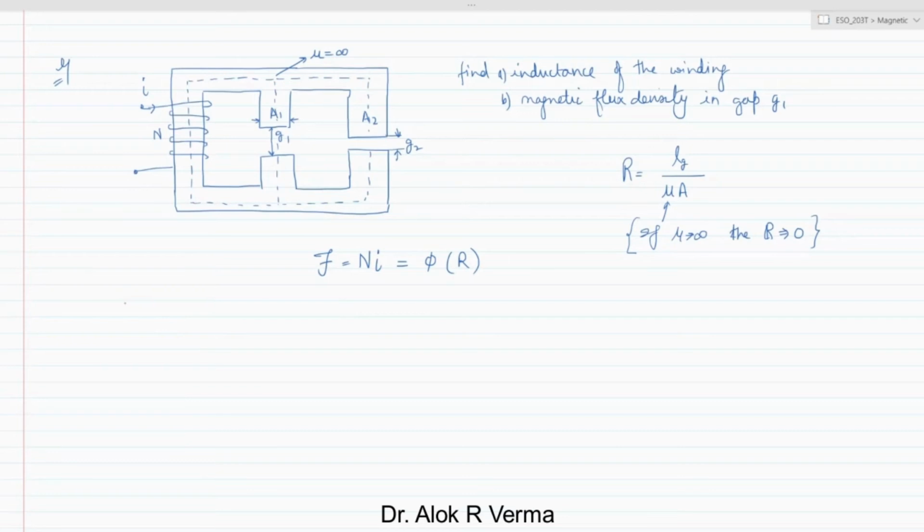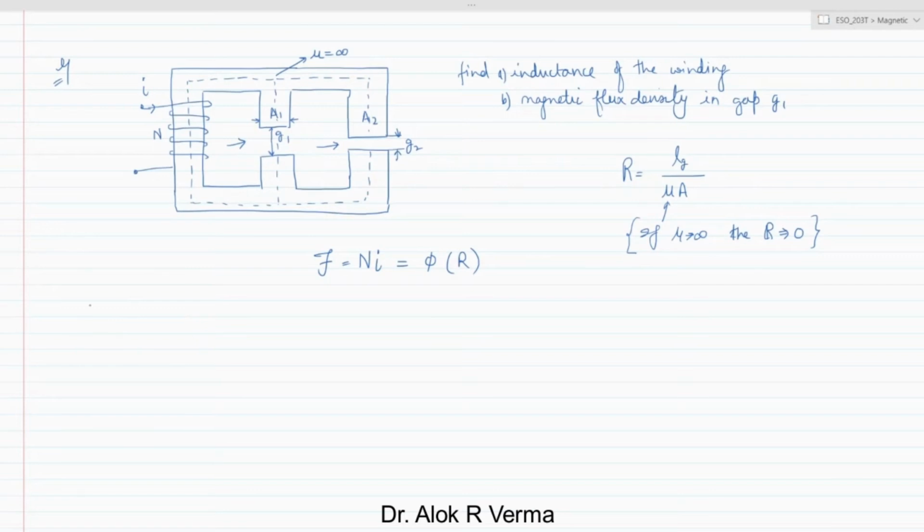So for the electrical equivalent, you have one reluctance appearing here in this portion and one here, because these are the gap lengths. Rest in the core you'll never have any reluctance because mu is taken as infinity. Now what is R1?